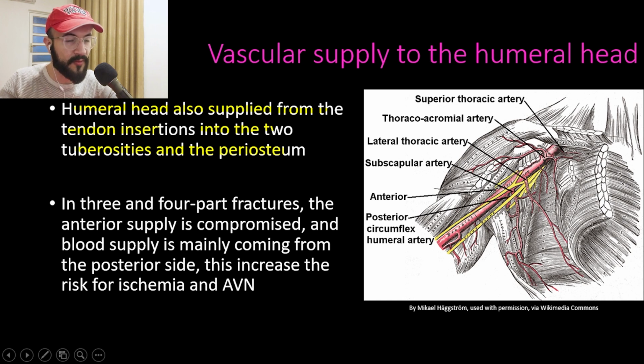Now, in 3 and 4-part fractures, the anterior supply is compromised and the blood supply is mainly coming from the posterior side. And this will increase the risk for ischemia and avascular necrosis.